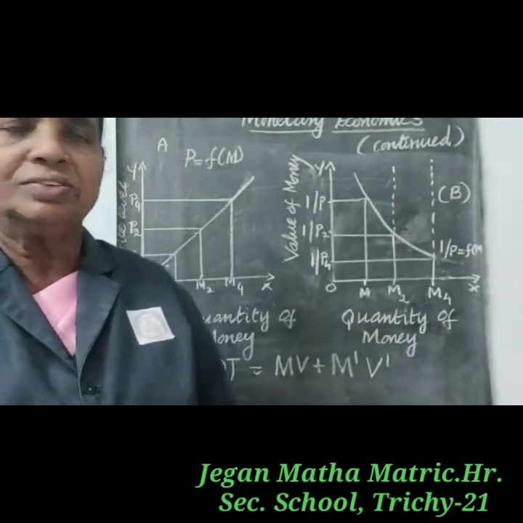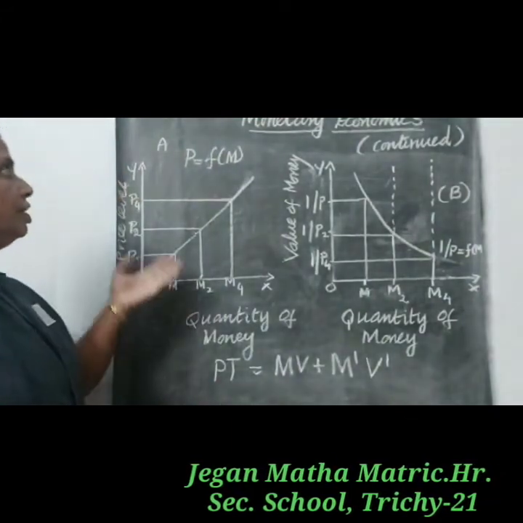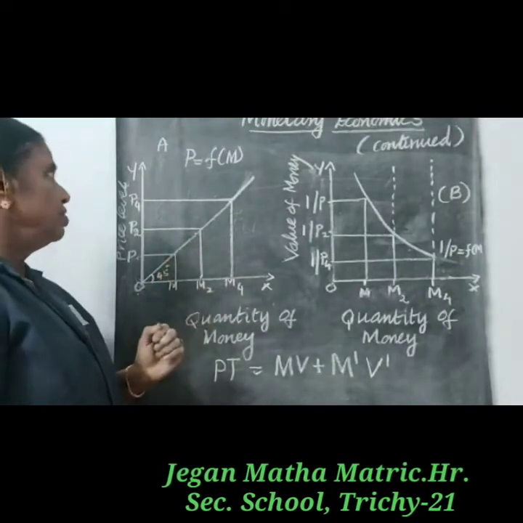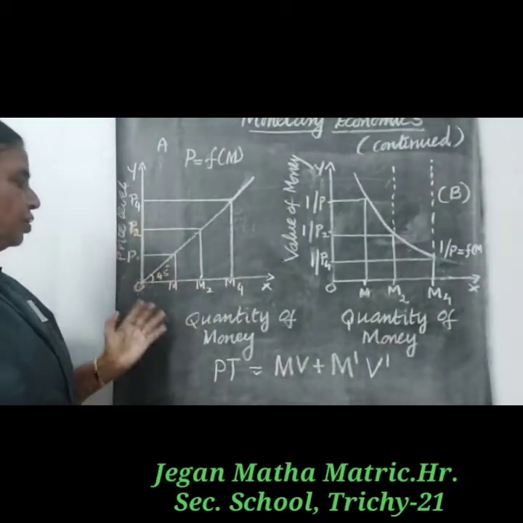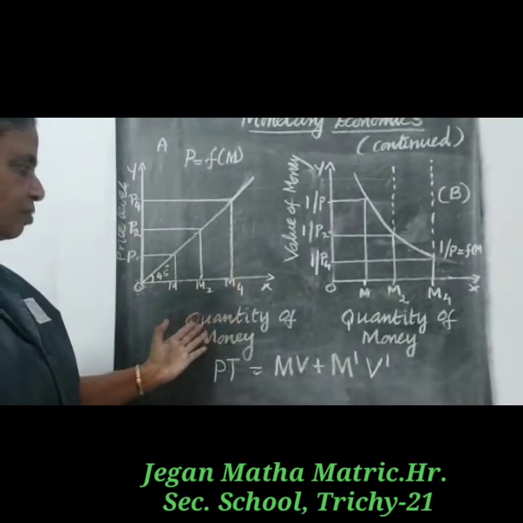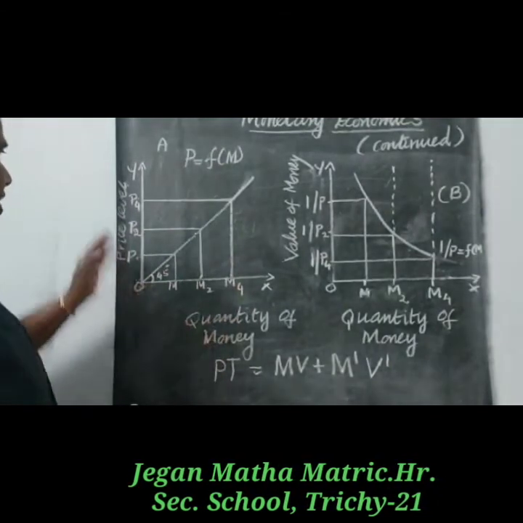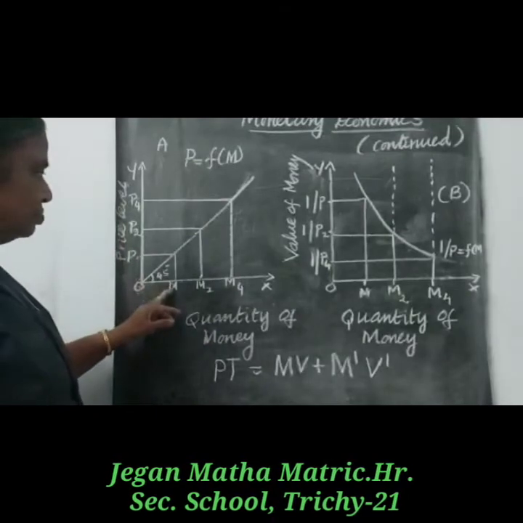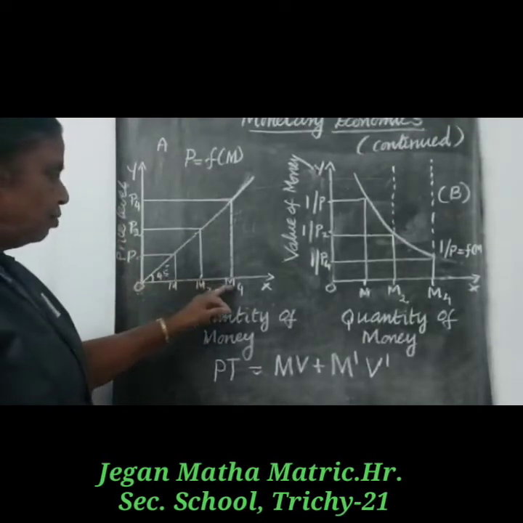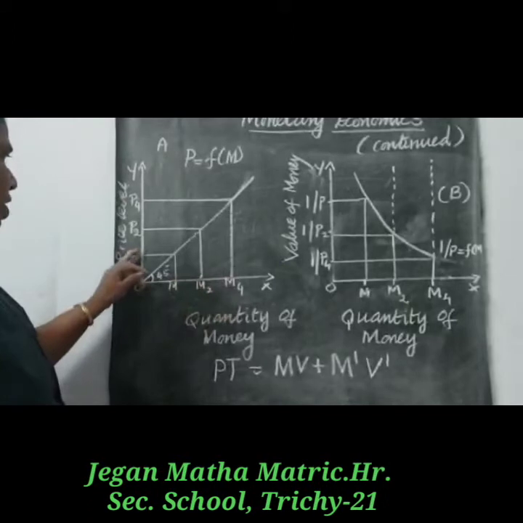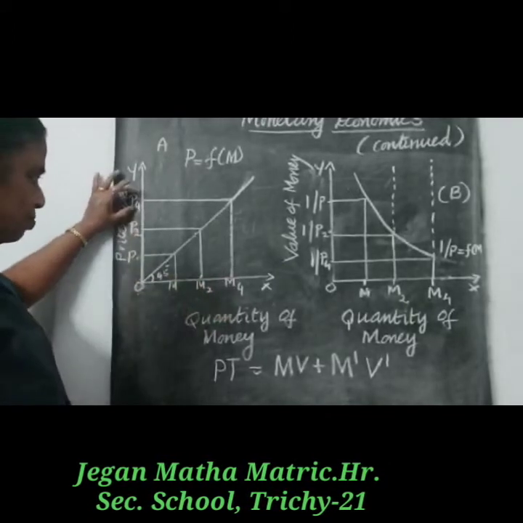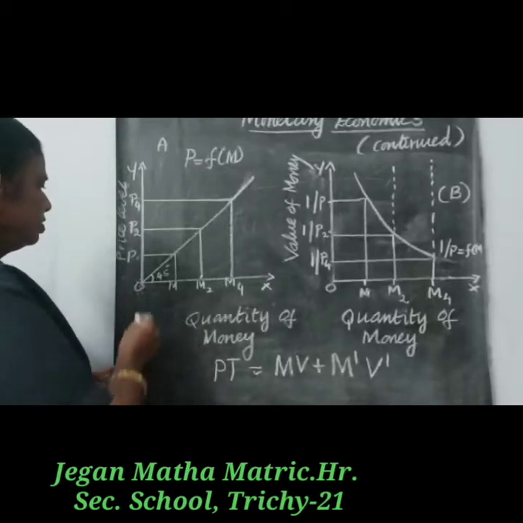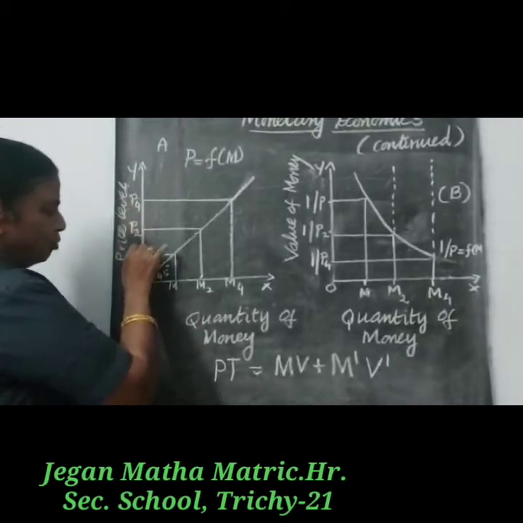We can see this in two different figures. In figure A, the x-axis shows quantity of money and the y-axis shows price level. Here OM, OM2, OM4 and OP, OP2, OP4. When the quantity of money is OM, the price level is OP.